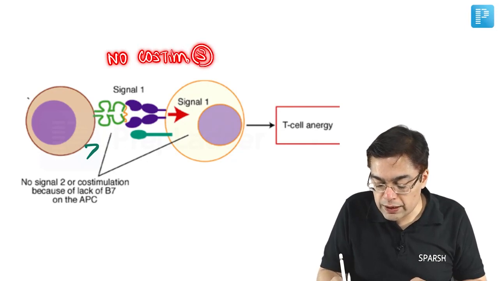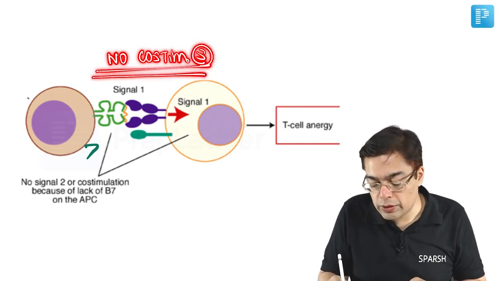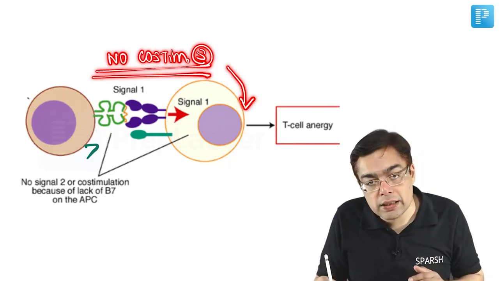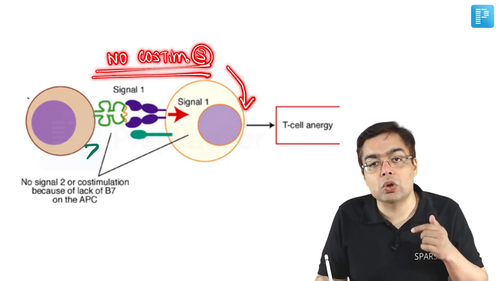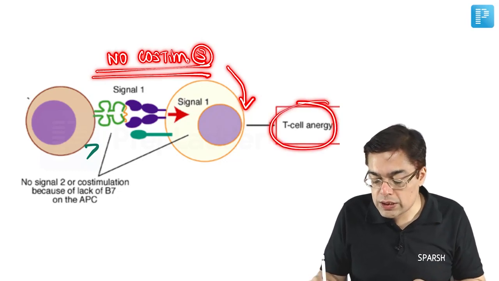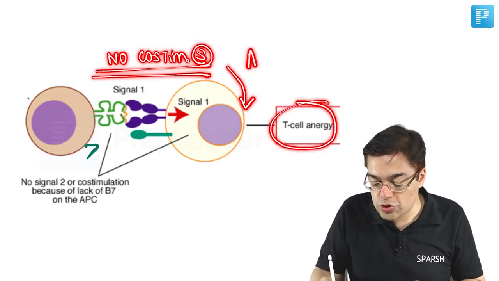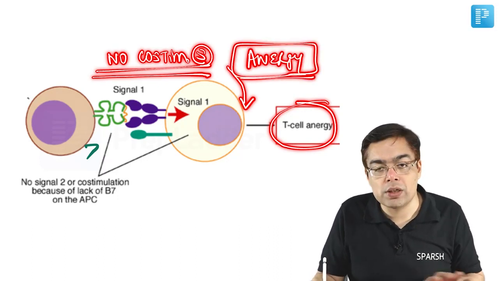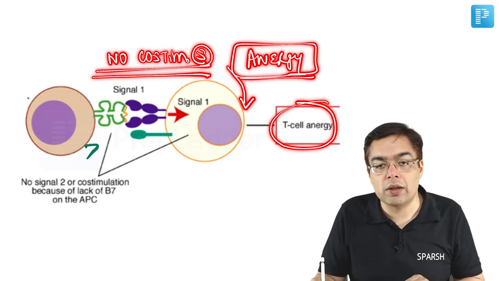Because there is no co-stimulatory signal, the T cell cannot be activated, so the T cell becomes non-functional. That's exactly what is called T cell anergy. It appears as if the T cell has zero energy, it is inactive and cannot be activated.